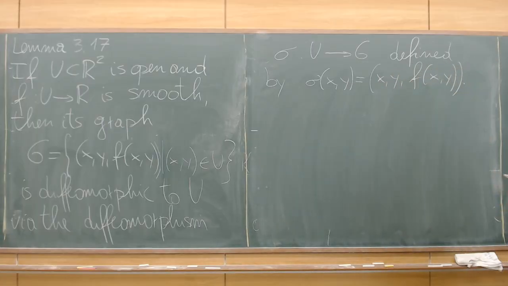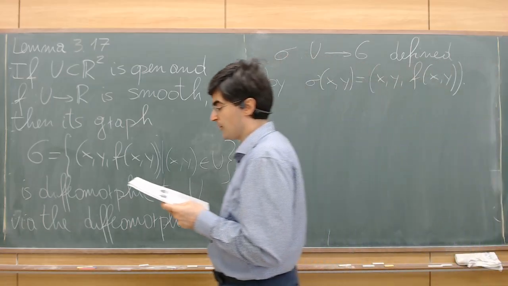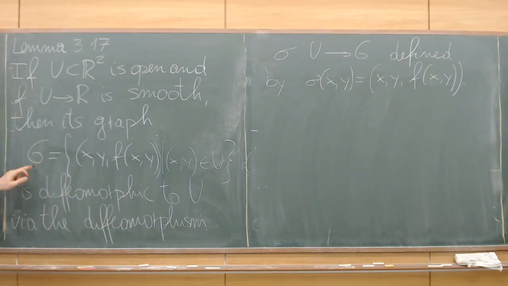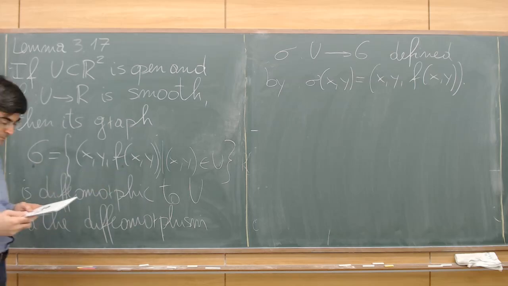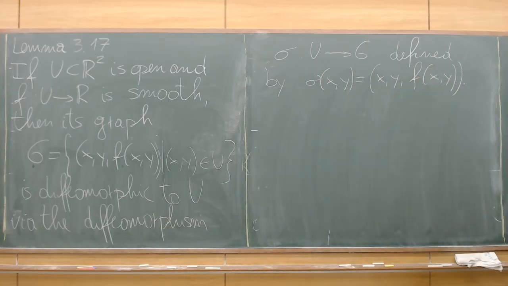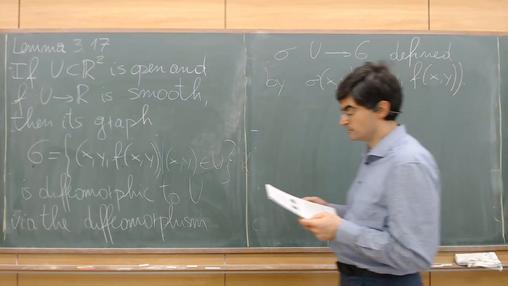So in other terms, the graph of a smooth function is diffeomorphic to its domain, which is an open set of R2.